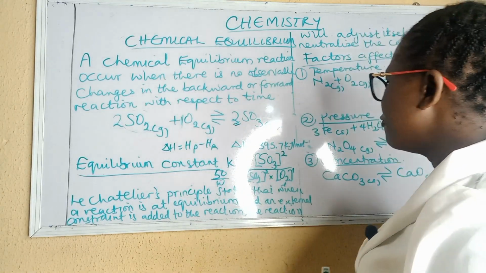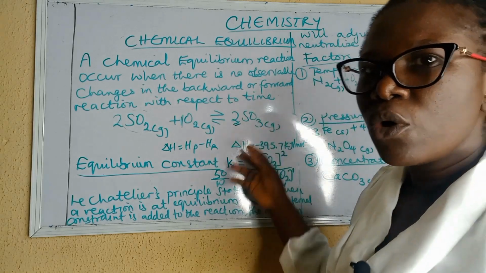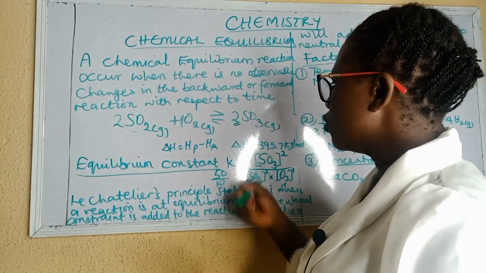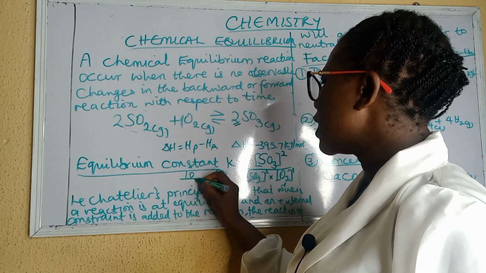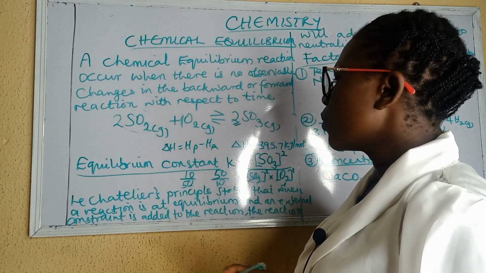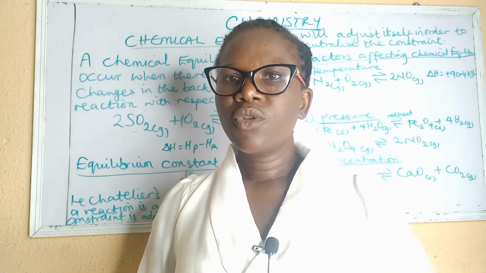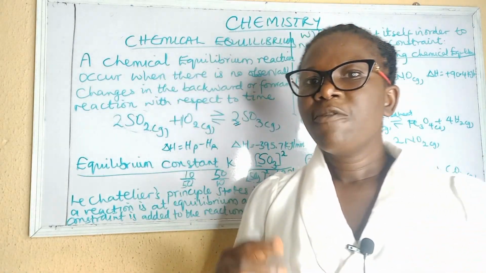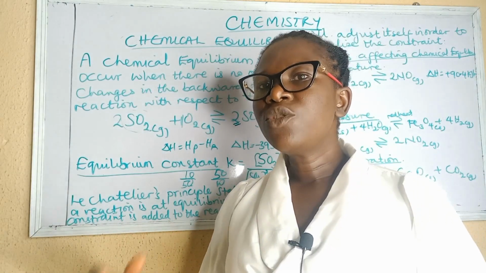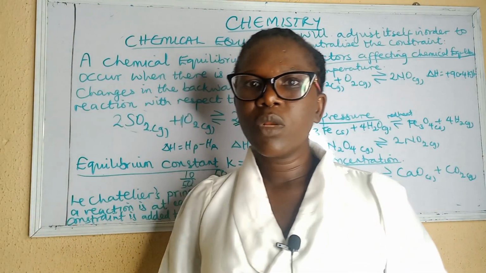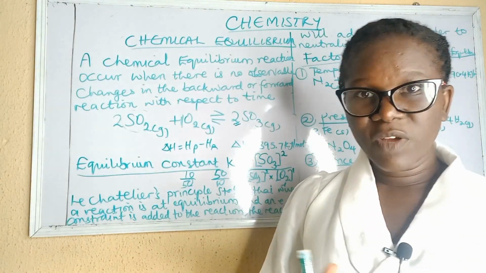But if you have a lower yield of product and more yield of reactants, for instance, product as 10 and reactant as 50, you will get a value that is less than 1. So in that case, we say that forward reaction, or more formation of product, leads to an increase in equilibrium constant, and vice versa.